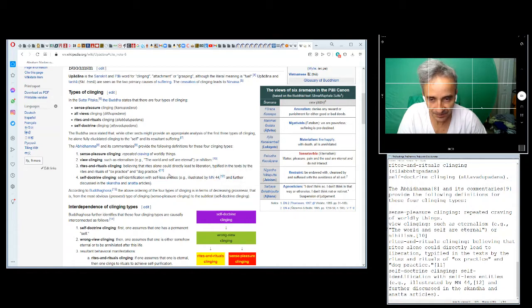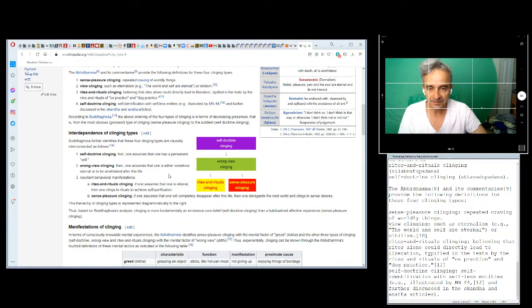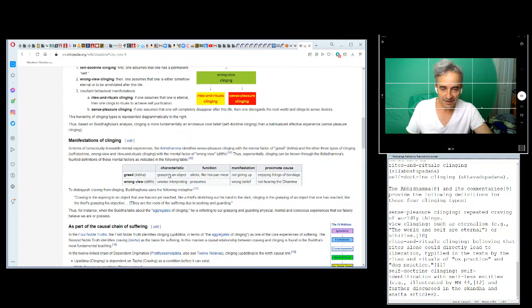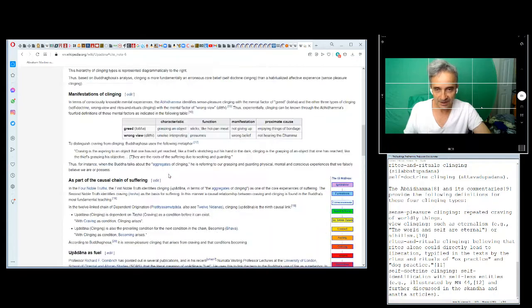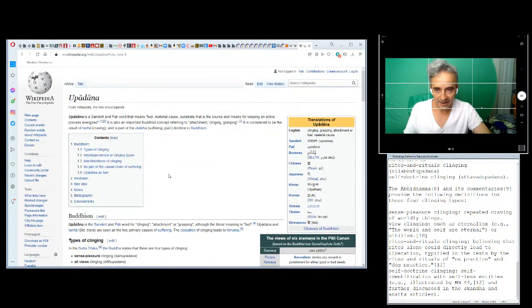So, grasping. I guess it doesn't matter too much whether you use the word clinging or grasping unless there's a difference.